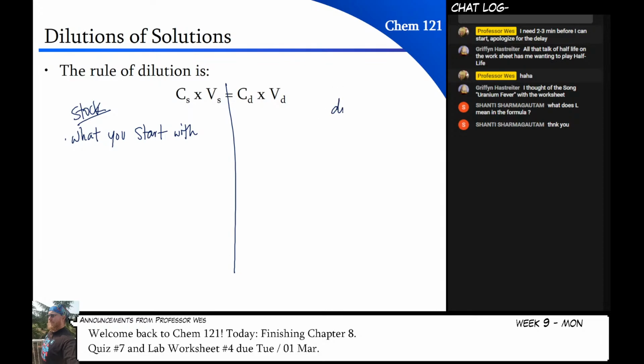The D side is the dilute side. This is what you prepare. So after you have done the active dilution, you end up with the dilute solution. This is the end result of your work.